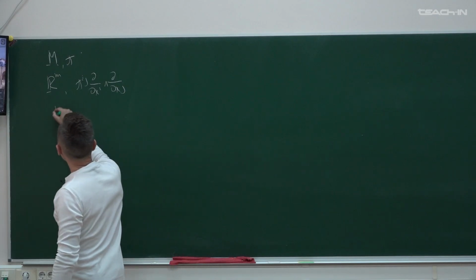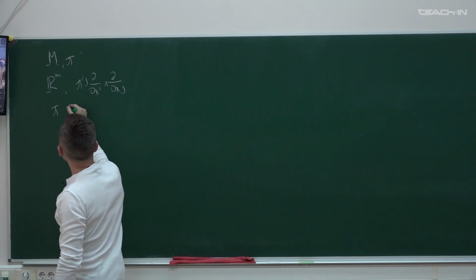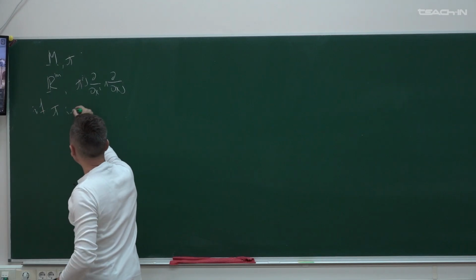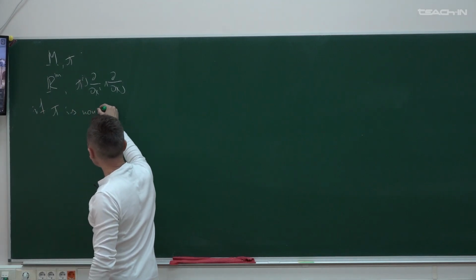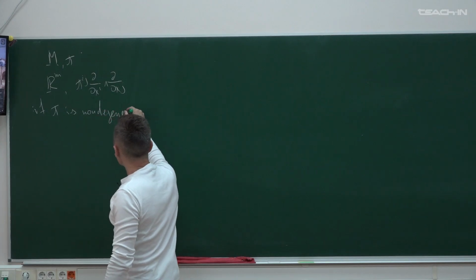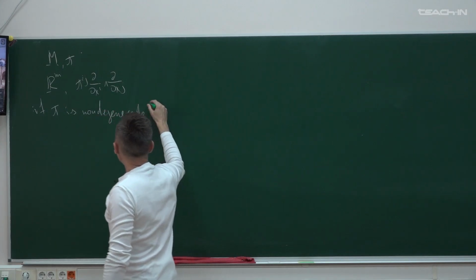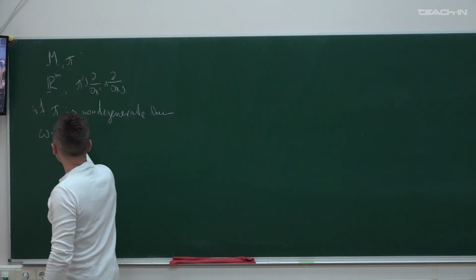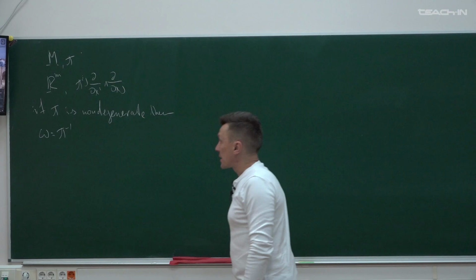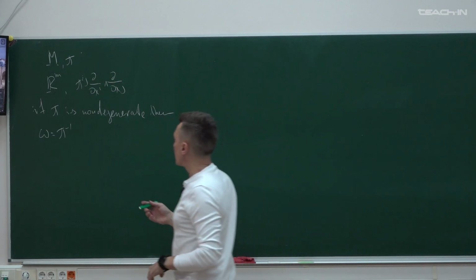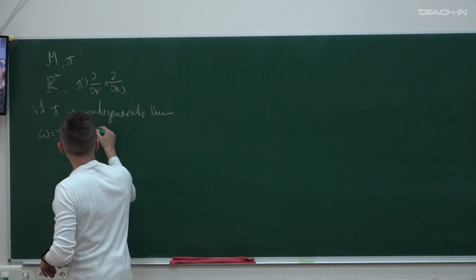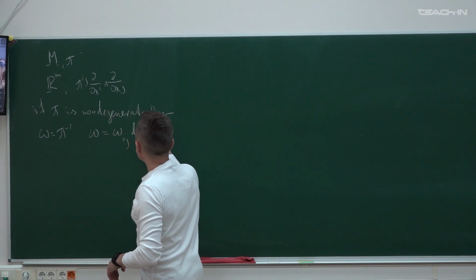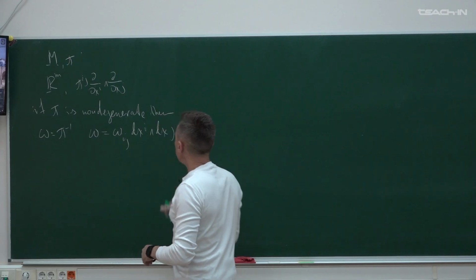So if pi is non-degenerate, then omega, which is pi^-1, corresponds to some differential form, omega ij dxi dxj.